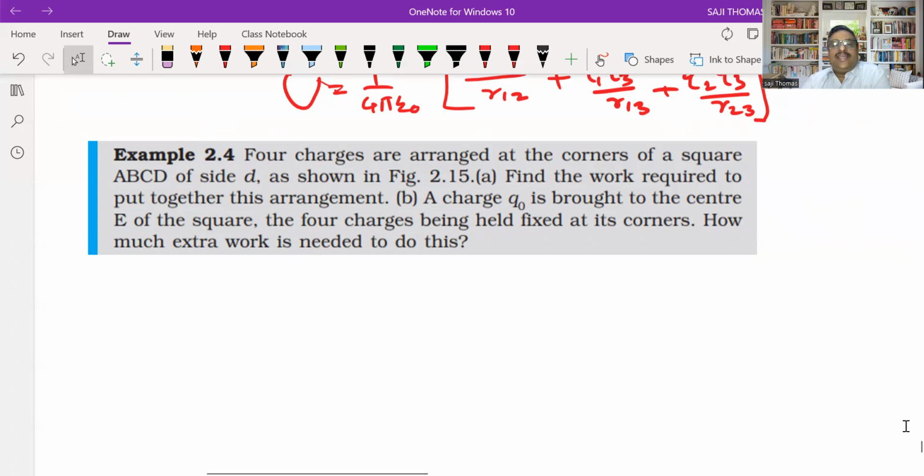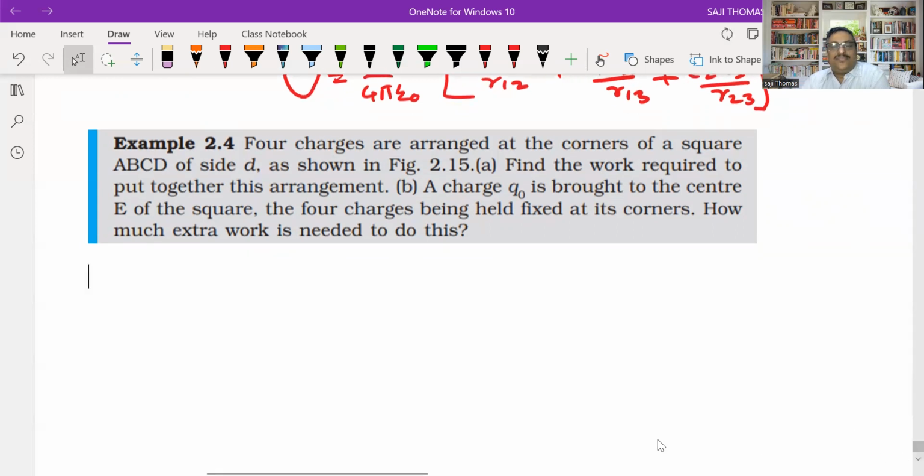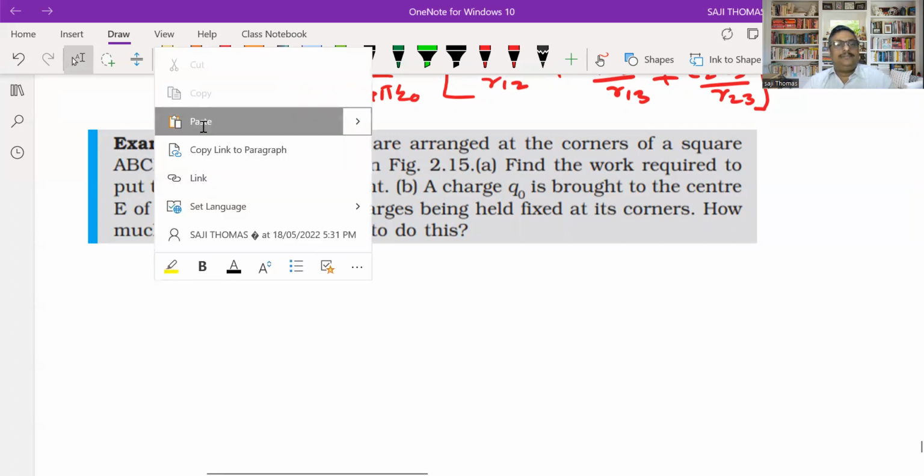Second part of the question, a charge Q0 is brought to the center of the square, four charges being fixed at its corners. How much extra work is needed to do this? Okay. So the diagram also will be given. So this is a diagram.